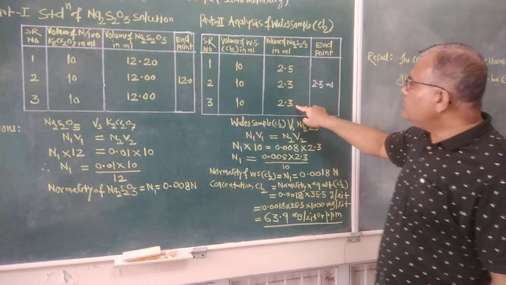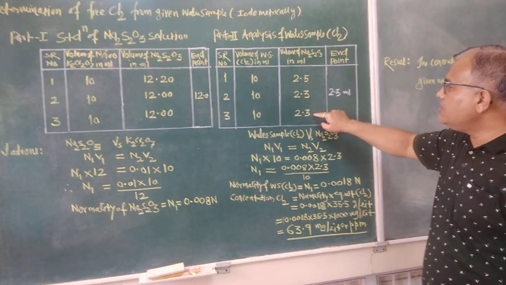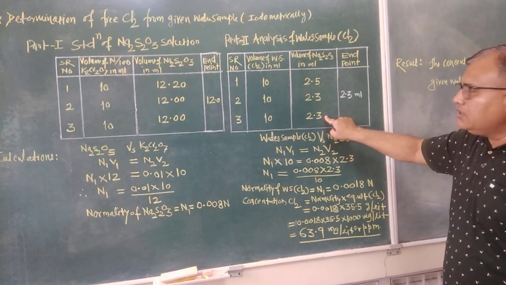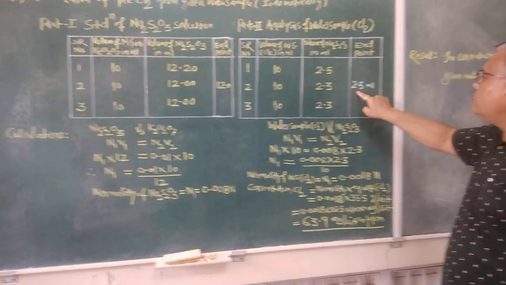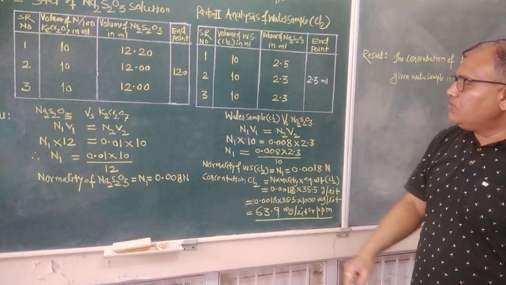So in this way, you have to continue the titration till you get 2 consecutive constant readings, and I have already got 2.3, so 2.3 is the end point of this second part, that is, analysis of the water sample.